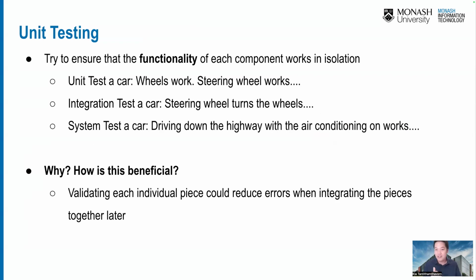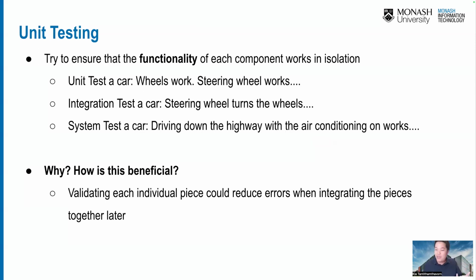As I mentioned to you before, the purpose of unit testing is to make sure that the functionality of each component is correct, right? But it is different from the other levels of software testing. I told you before that unit testing is how we test the small components. Let's think about the car here, right? Unit testing means that one car consists of many parts, the wheels, the steering wheel, that kind of thing, okay?